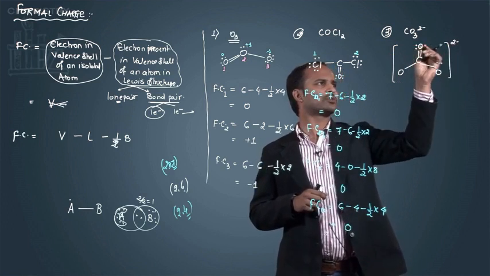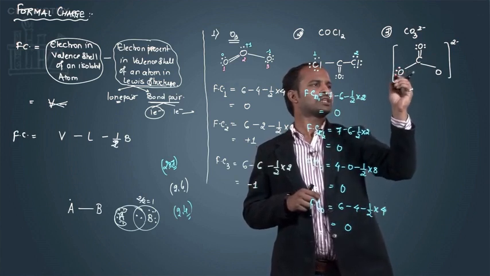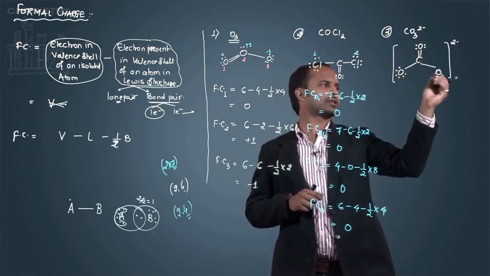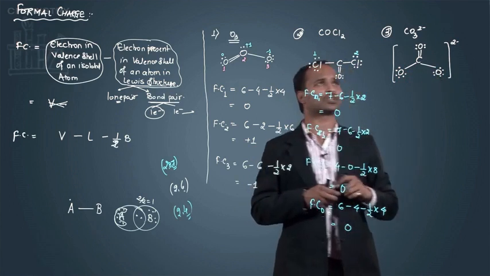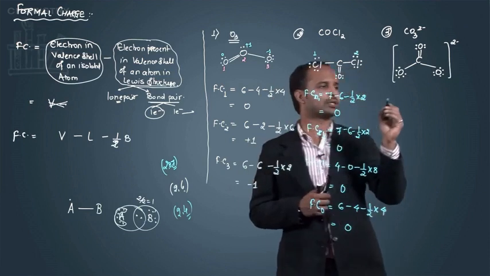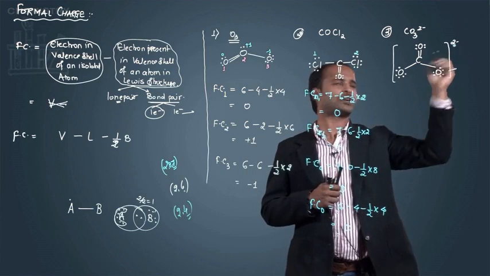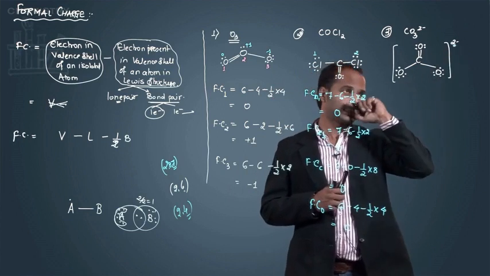This oxygen is forming a double bond. Here this oxygen has 6 electrons and this oxygen also has 6 electrons. This is the Lewis structure of carbonate ion. So let's see what the formal charges on these will be. At least from the formal charge I will come to know which atom is carrying this charge.